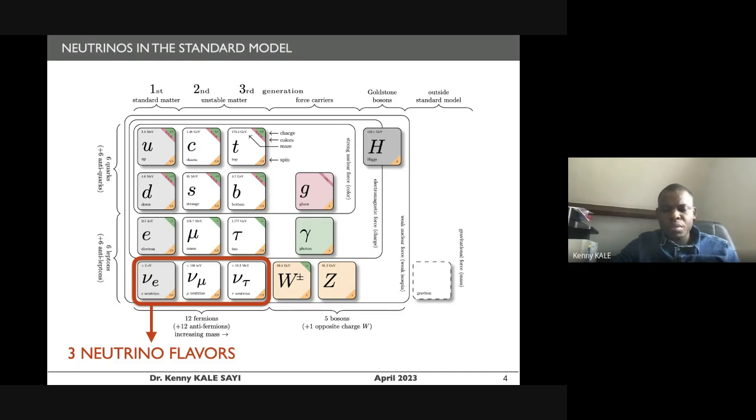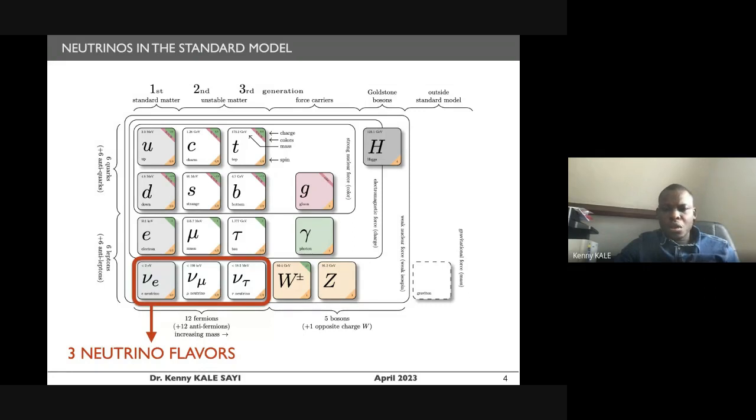Spin is a property of particles, and according to its value, you can divide the particles into two groups: bosons and fermions. Bosons have integer spin, and fermions have half-integer spin.